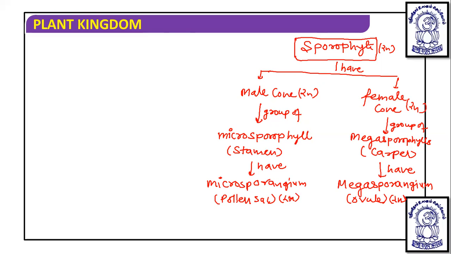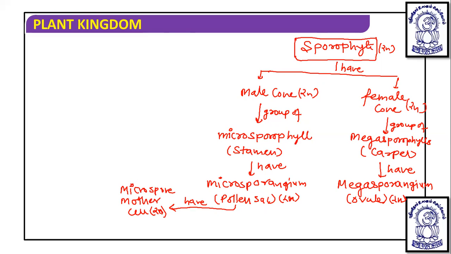Now in the pollen sac, that is the microsporangium, the microspore mother cell is present. This microspore mother cell is diploid.